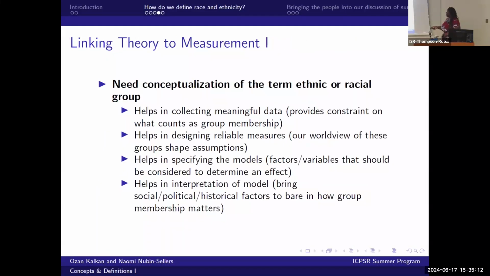And it allows us to link theory to measurement in a really meaningful way. So we need to conceptualize, we need to have valid definitions for how we think about race and ethnicity, and it allows us to do all of these helpful processes when we are attempting to explain some phenomena, but also how race ethnicity relates to that phenomena.